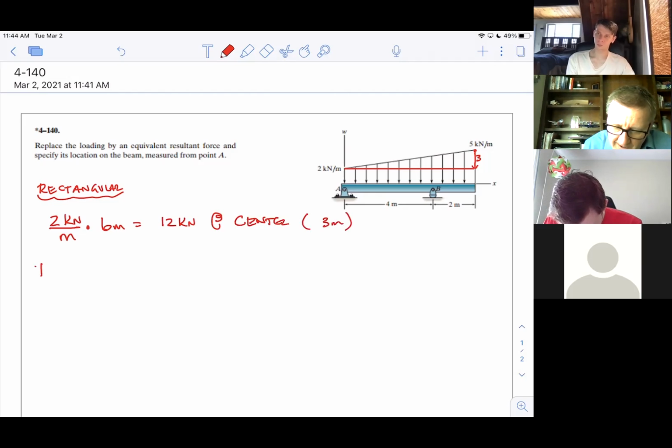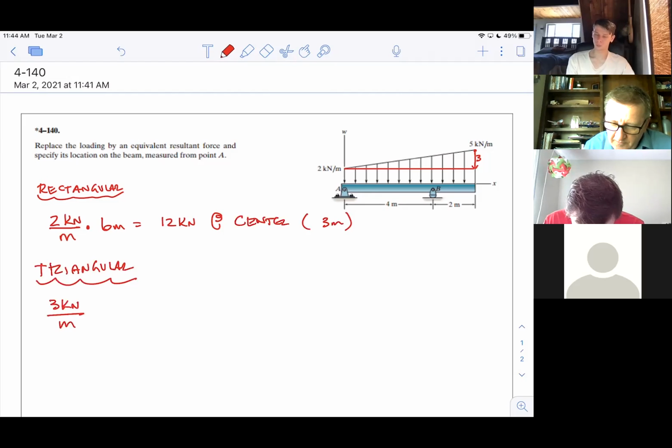Then you also have the triangular load. So the triangular load is 3 kilonewtons per meter times the overall distance of 6 meters, but times a half because it's a triangle.